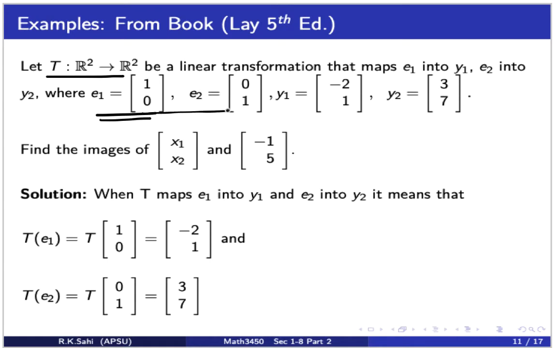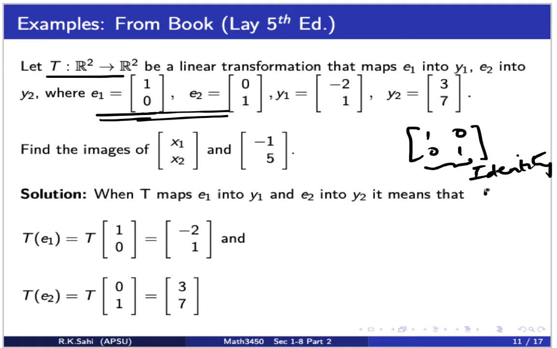If I put them together, 1, 0, 0, 1, you see E1 and E2 are the columns of the identity matrix. It's a very important fact, guys. Keep that in mind. We'll be using this in the next section also.